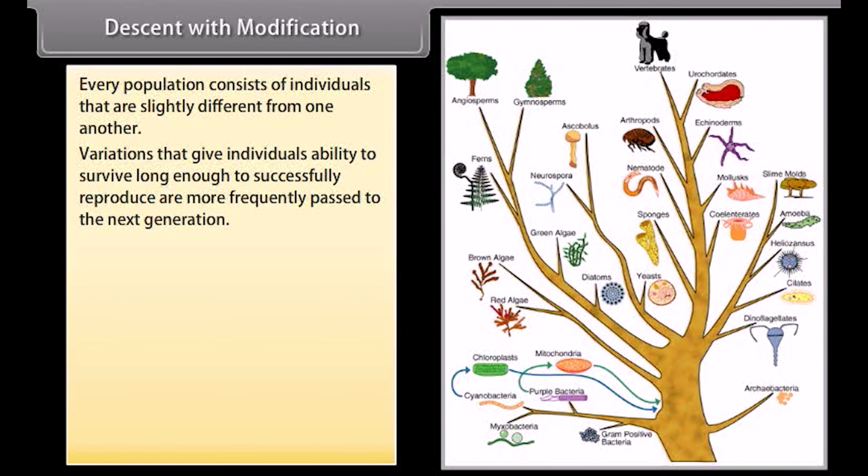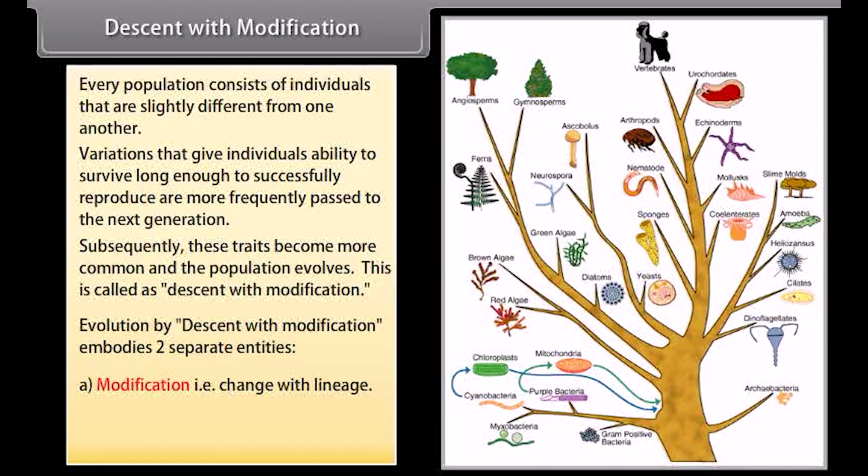This is called descent with modification. Evolution by descent with modification embodies two separate entities. A. Modification, that is, change within lineage. B. Branching, that is, different species share common ancestors.